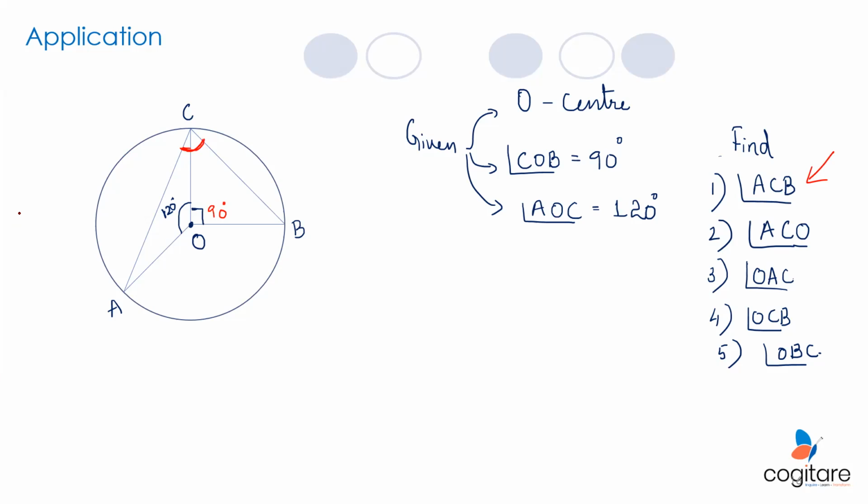Now, imagine that you're not familiar with any theorem about the circle, but you just know the fact that these 3 are the radii, right? Even with that, you can find this, is it not? You can see that triangle AOC is isosceles. You can see that triangle BOC is isosceles.